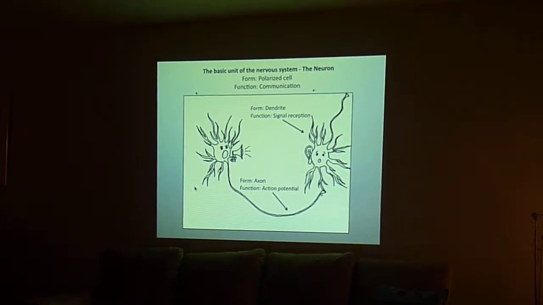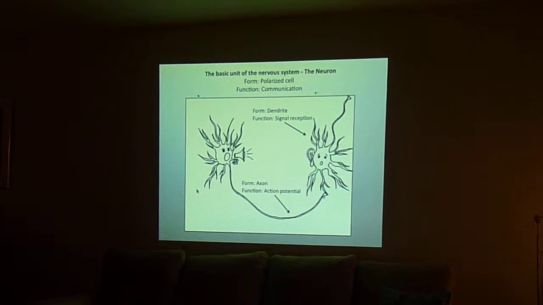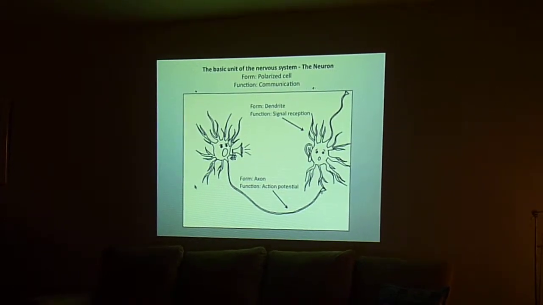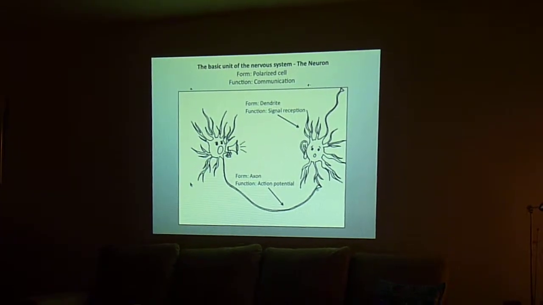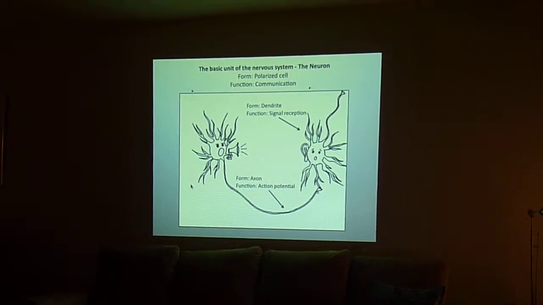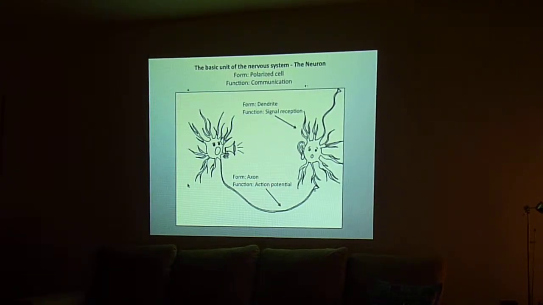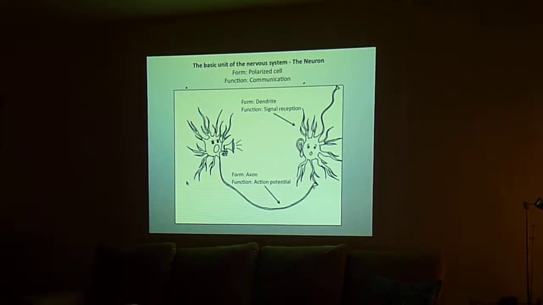And to make it even more complicated, you have both excitatory and inhibitory neurons in your body, and typically you have a nice balance between those two.